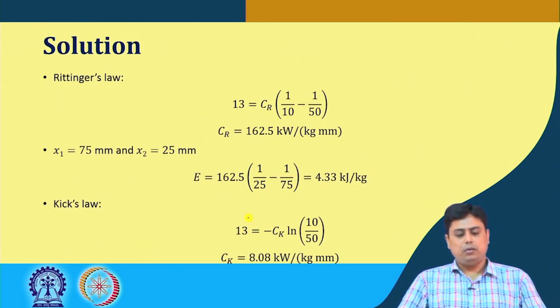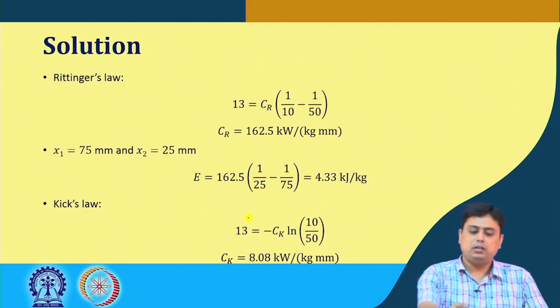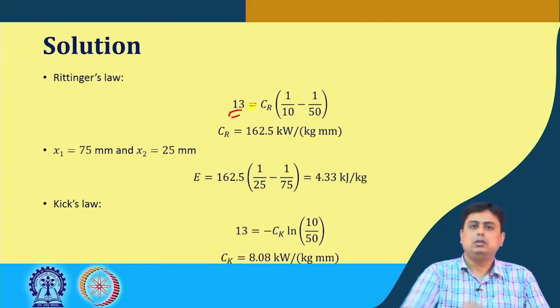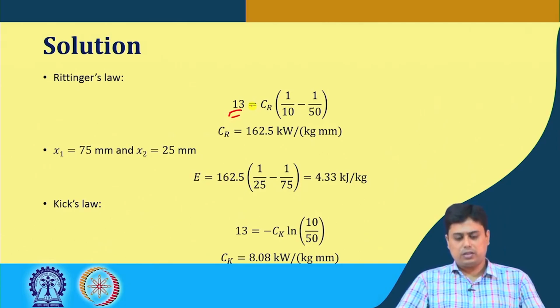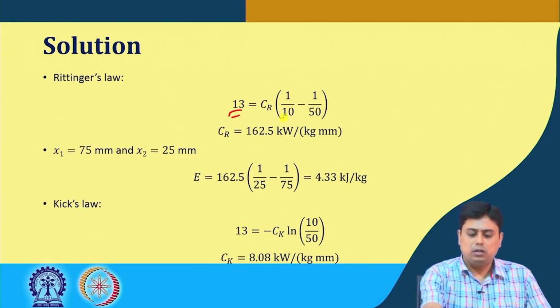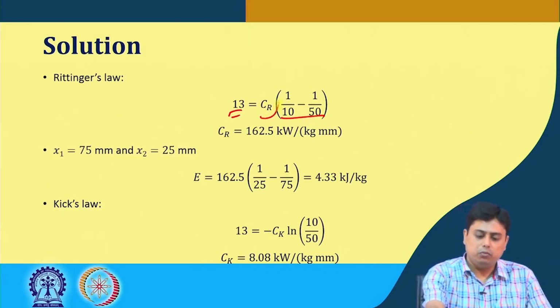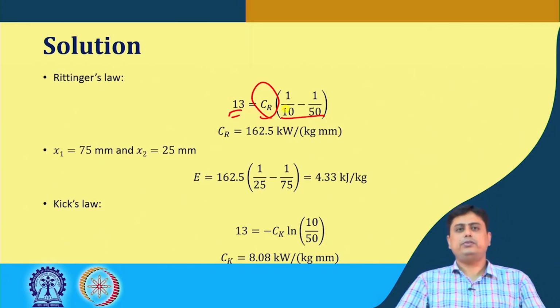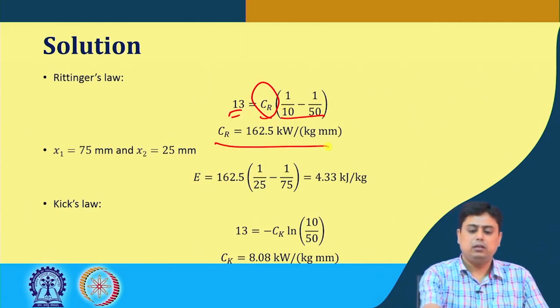By Rittinger's law, we can write this expression: the energy consumed equals Rittinger's constant multiplied by (1 divided by x2 minus 1 divided by x1). These values are initially given. We have to calculate this Rittinger's constant, which we can find numerically.